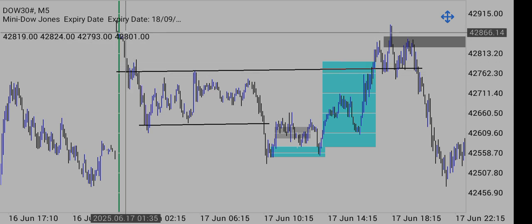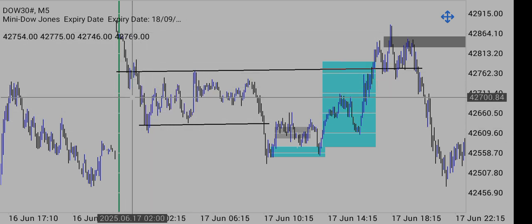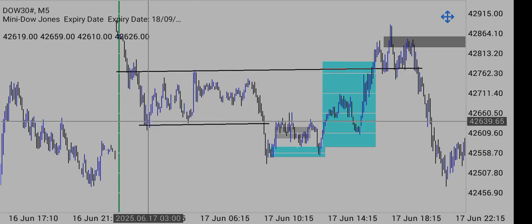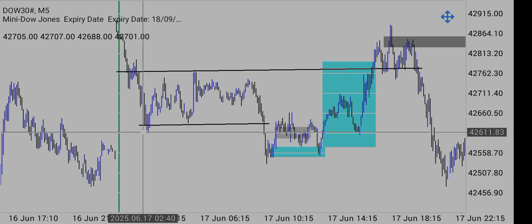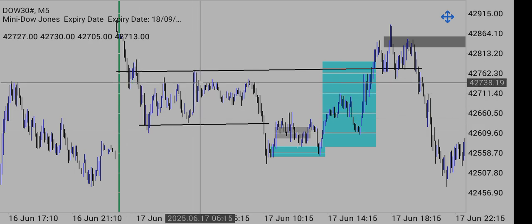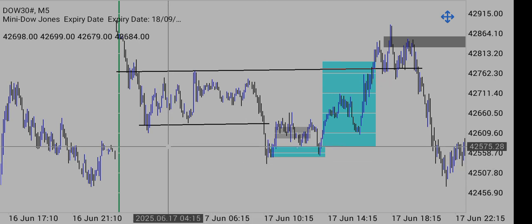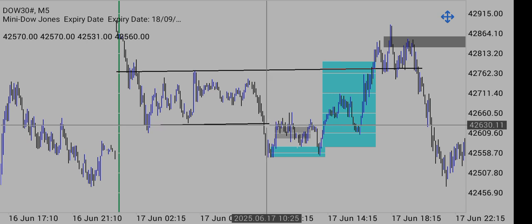So price opens, forms a low, consolidates. Okay, this is our sell side liquidity. The price forms a low, goes up, then consolidates and goes down, taking the sell side liquidity almost in the London Open.